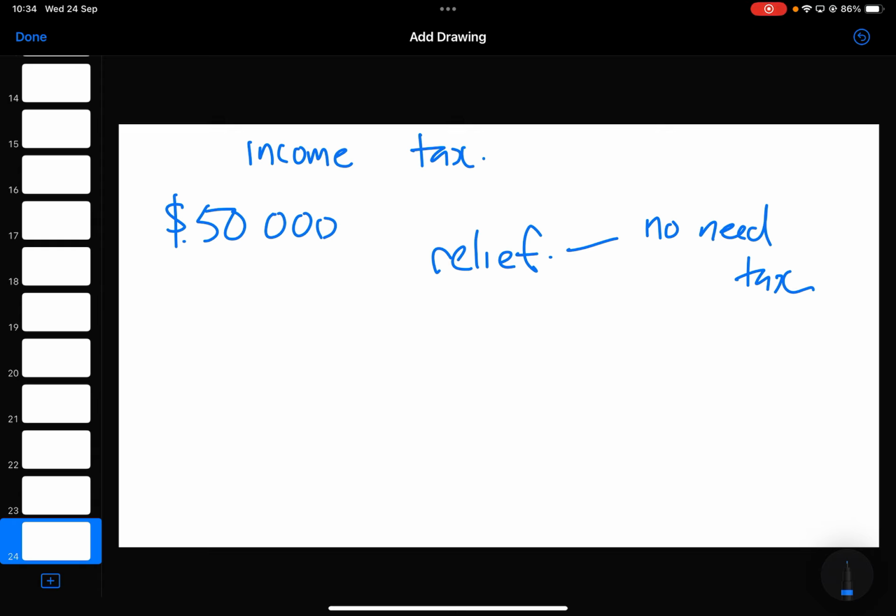Okay, out of this 50,000, maybe the government will say, I have 2,000 relief for taking care of my mother. 2,000 relief for taking care of parents.